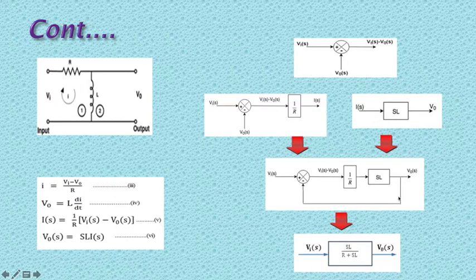Taking the series connection method, the result is SL by R. Then using the feedback path, this feedback signal is 1, so the transfer function is (SL by R) divided by (1 plus SL by R into 1). Then the final transfer function is SL by R plus SL. This transfer function and the last slide's transfer function are the same.